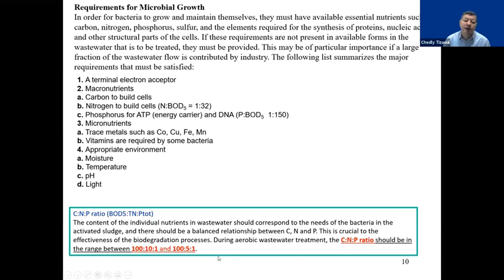If that is the case, you need to intervene and, as I said, add, for example, a nitrogen source or phosphorus, or maybe speak to your domestic wastewater treatment process and get some of their wastewater to balance BOD5, TN, and P. In domestic wastewater, generally the ratios are well established.